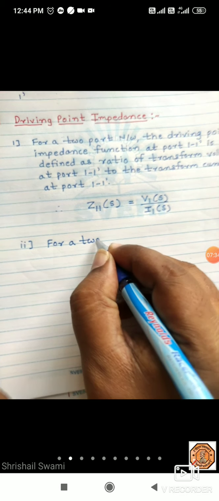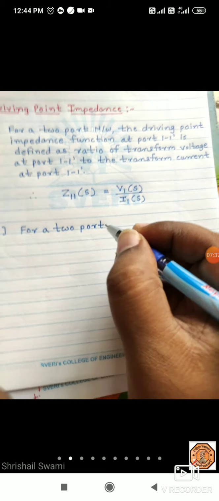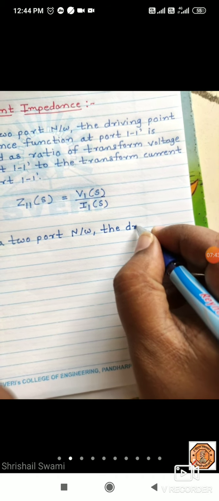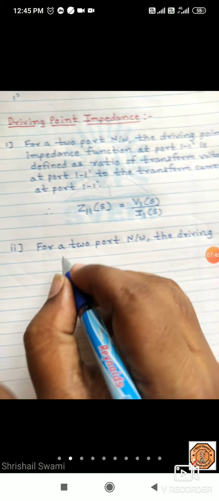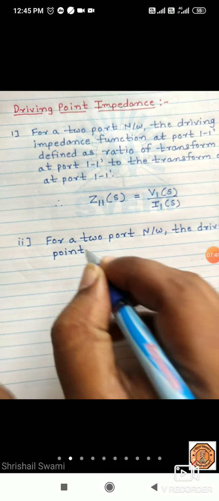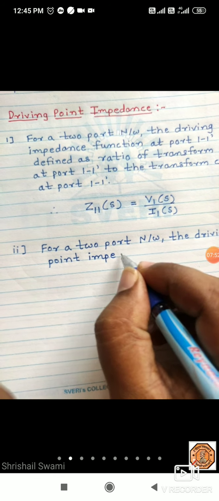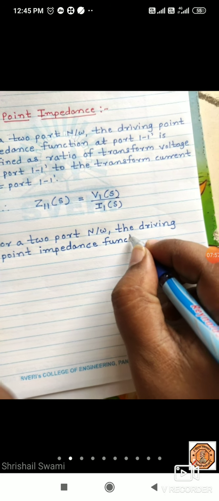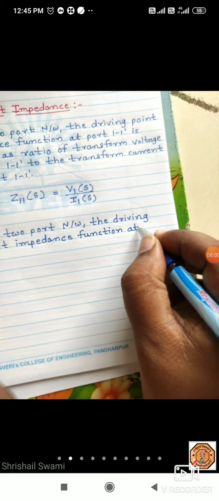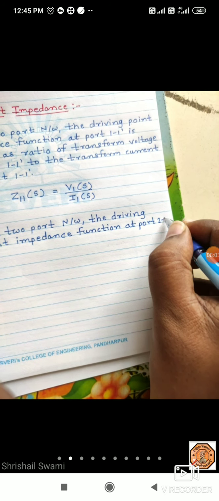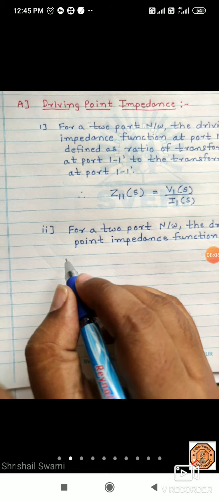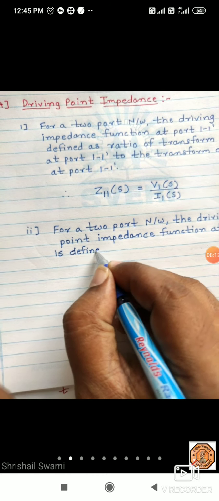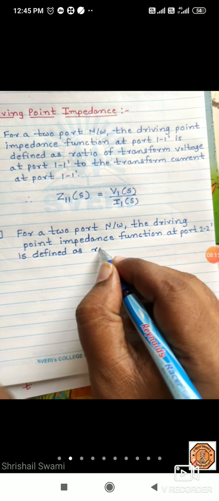For a two port network, the driving point impedance function at port 2 dash, okay, is defined as, so what will be now?